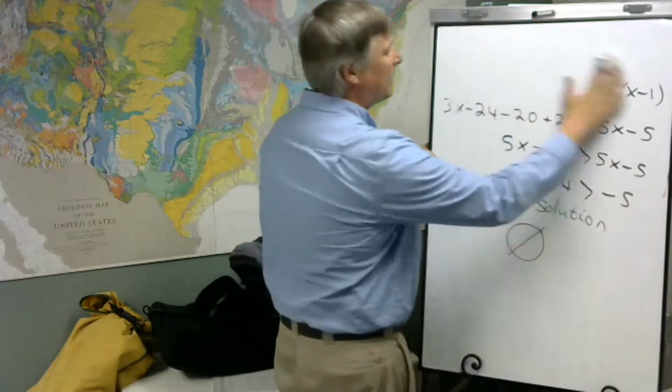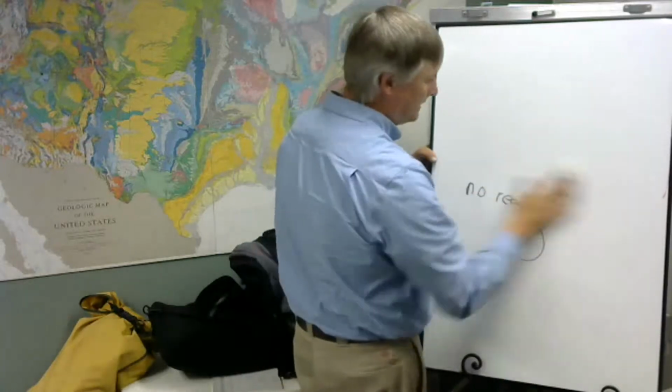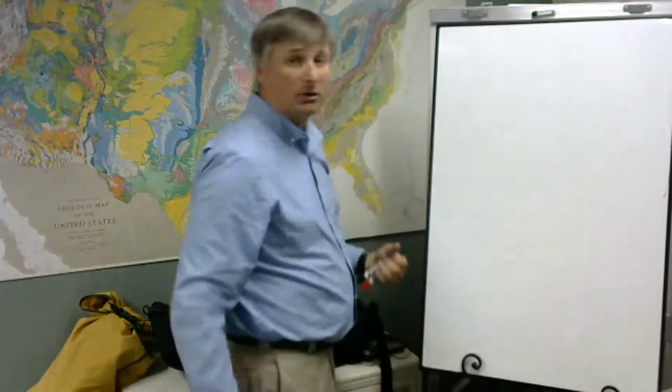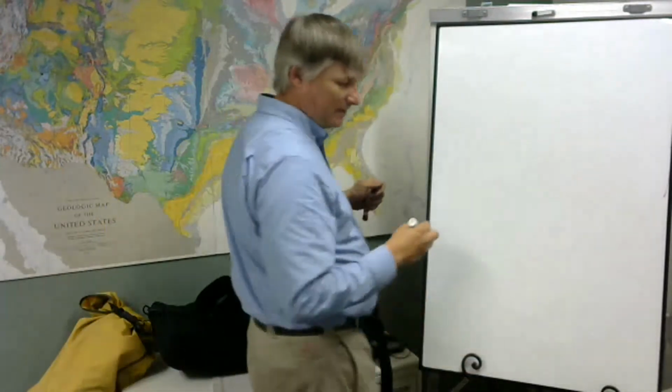Now, another kind of inequality you could get is what's called a compound inequality. And you could have something like this.